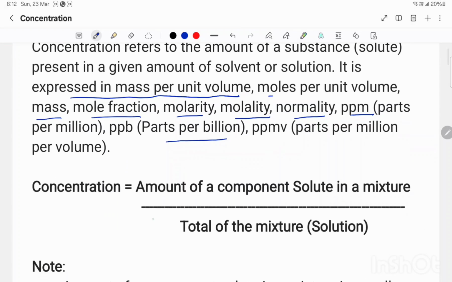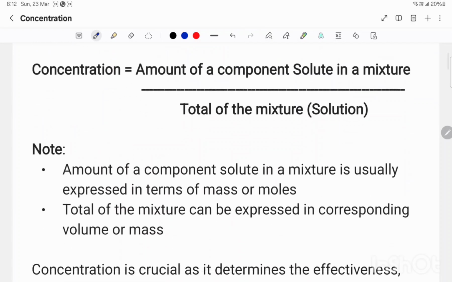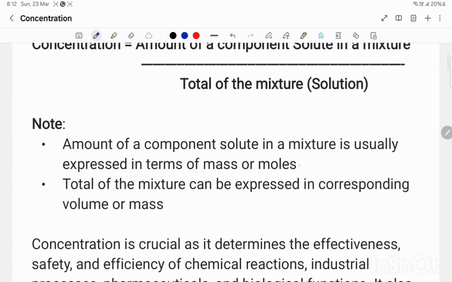Mathematically, it is expressed as the amount of a component (solute) in a mixture divided by the total of the mixture, that is the solution. The amount of the component (solute) in a mixture is usually expressed in terms of mass or moles. The total of the mixture can be expressed in volume or mass.